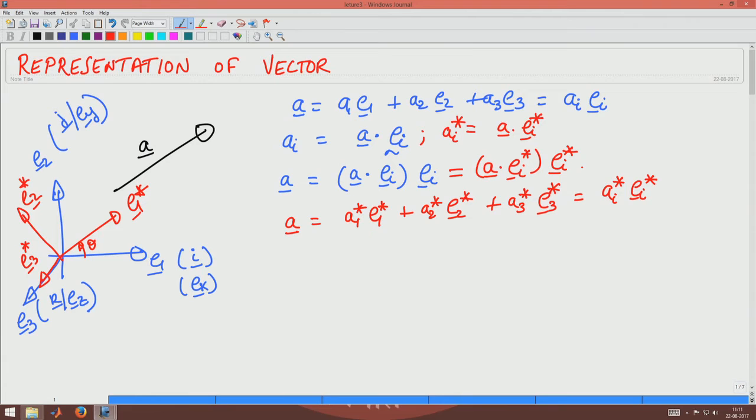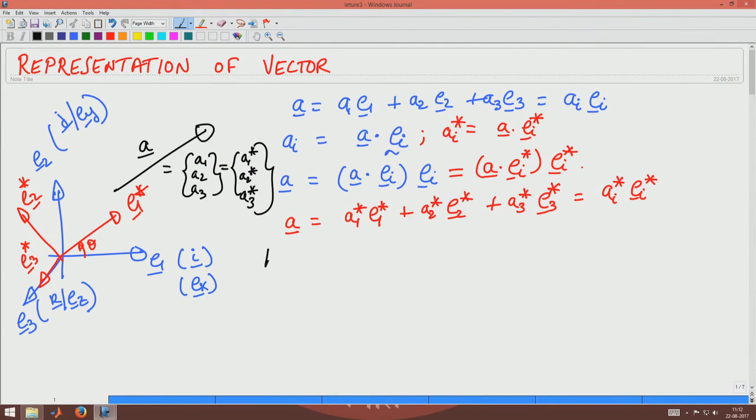This column vector A1, A2, A3 alone does not represent A, but even this column vector A1 star, A2 star, A3 star represents the same vector A. So it is not that only one set of numbers 1, 2, 3 represents a vector; there will be any number of other combinations that represent the same vector.